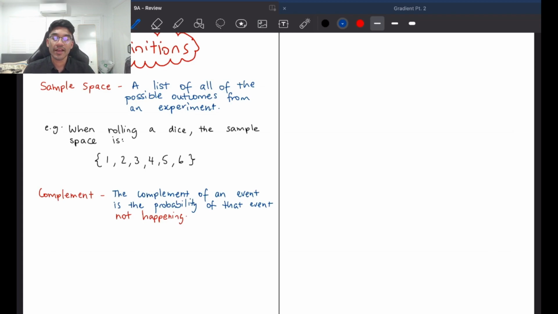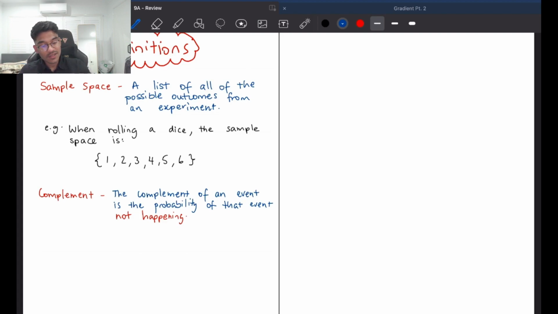But let's say I ask, what is the complement of rolling a 6 on the dice? Well, we want that not happening, so we want all the options where we're not rolling a 6. We have 5 other options out of a possible 6, so it's 5/6. There's a formula.